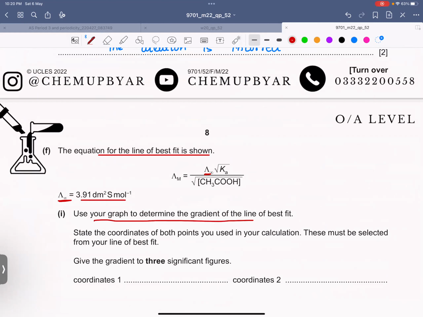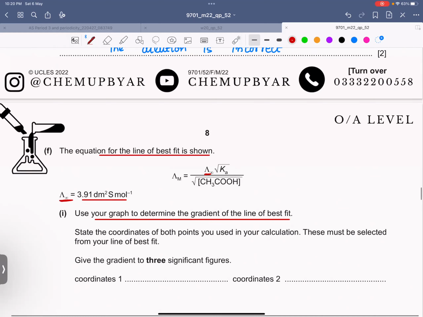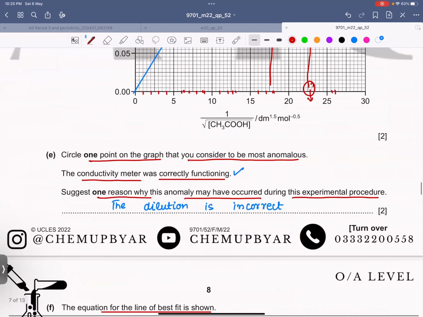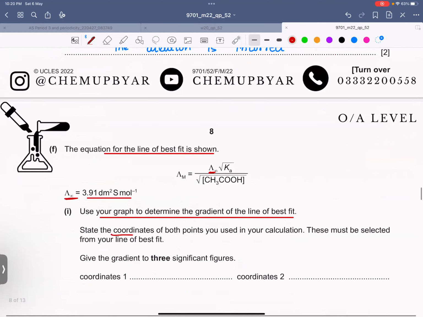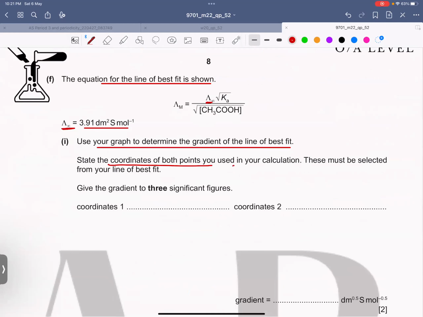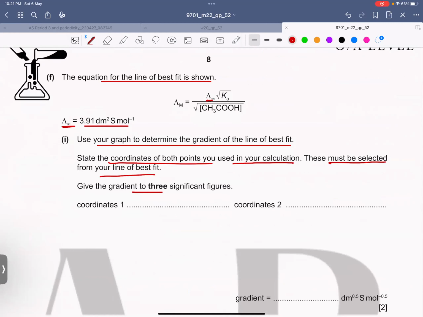Use your graph to determine the gradient of the line of best fit. Okay. First we have to find the gradient. State the coordinates of both the points you used in your calculation. These must be selected from your line of best fit. Give the gradient to 3 significant figures.